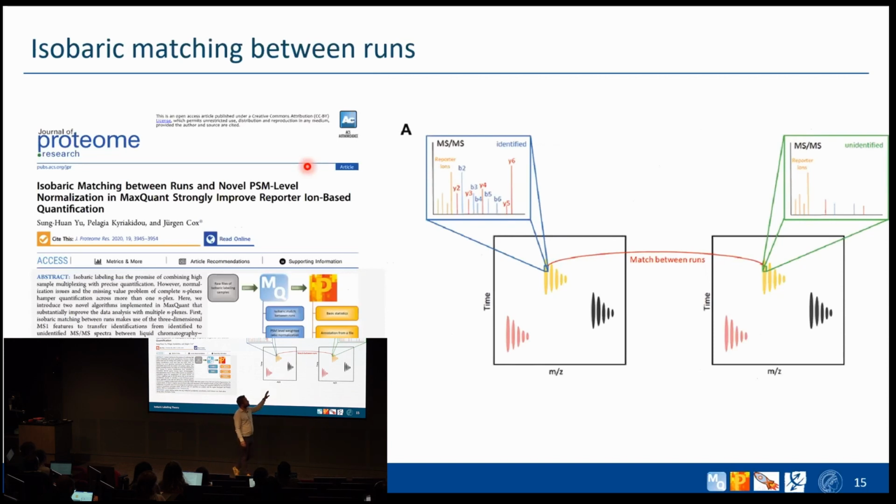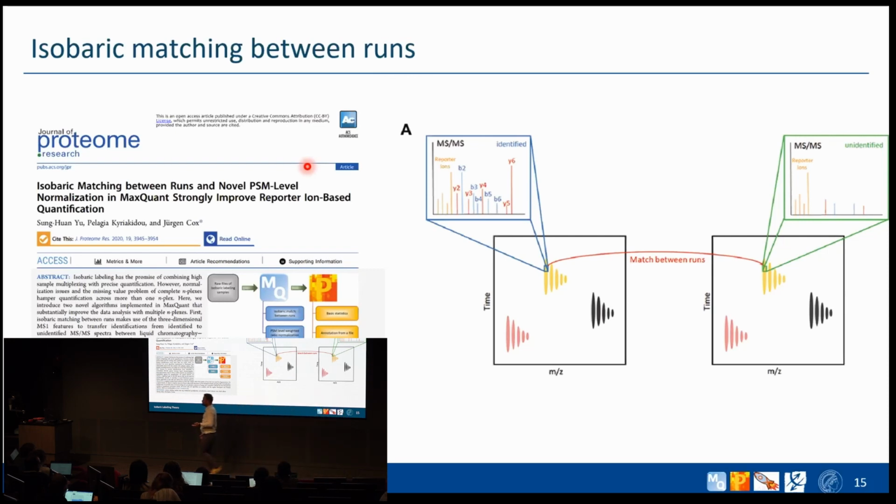In the case there is an MS2 identification in one run, and in the other one not, but the isotope patterns are there on the MS1 level, so elution times and masses fit. Then the idea is, okay, there was no MS2 event, or the MS2 event was too bad, so we just transfer this identification from one side to the other.